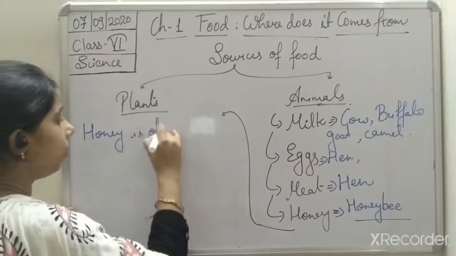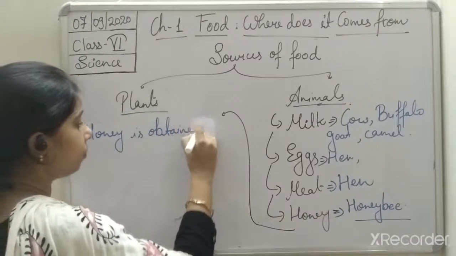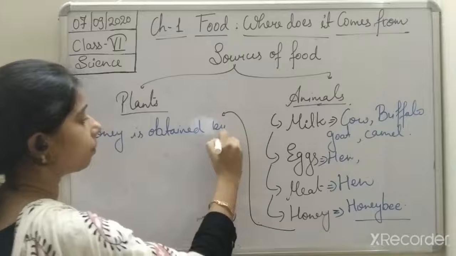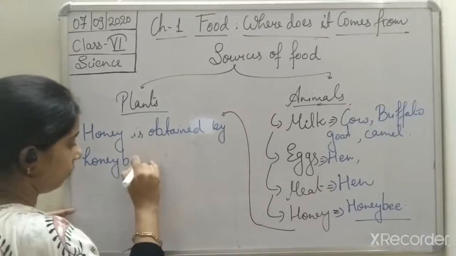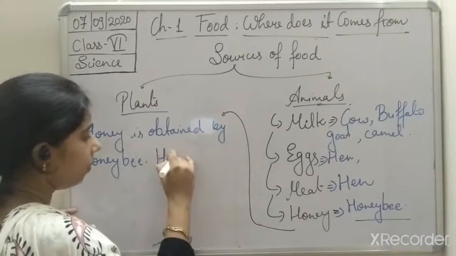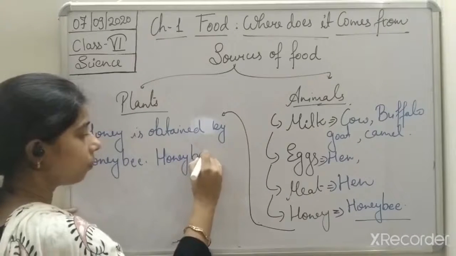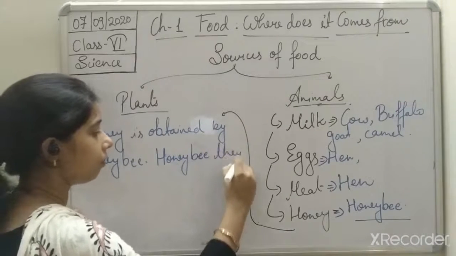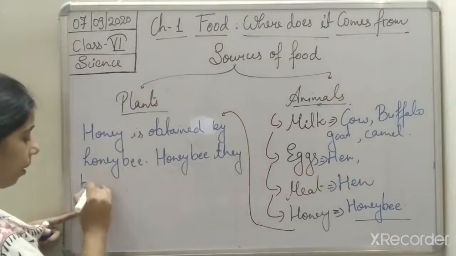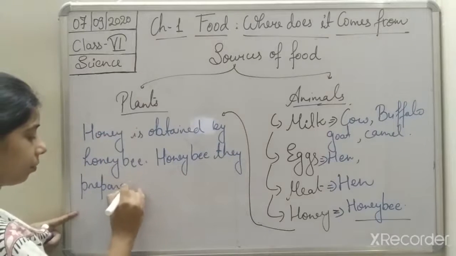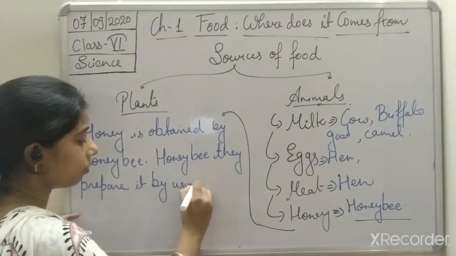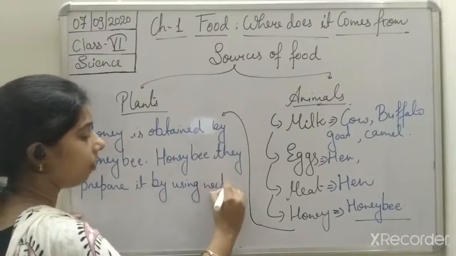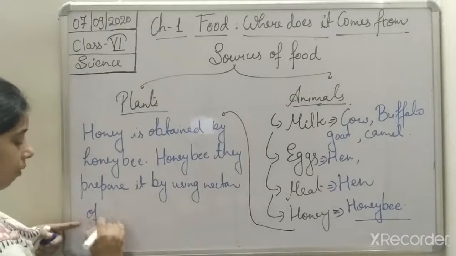So we can write it, this honey, basically, is obtained by honeybee. Honeybee prepares it by using nectar of the flower.